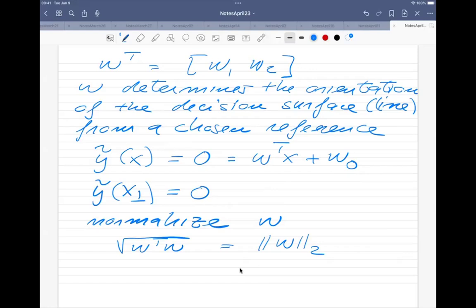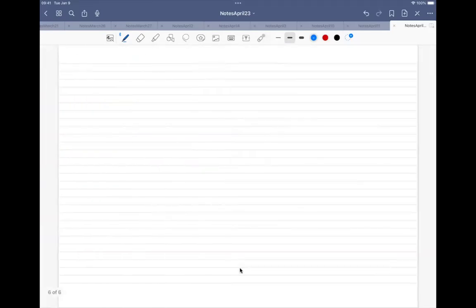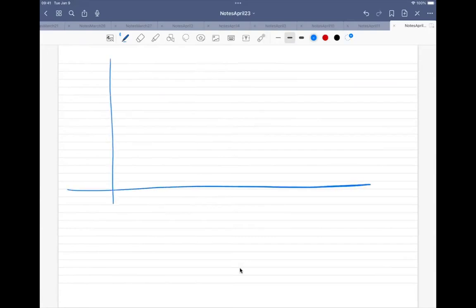When I look at this specific point, when we have a variable x, let's look at the same plot which we had before. So we have this decision line or decision surface. The x perpendicular is now a point on the line.